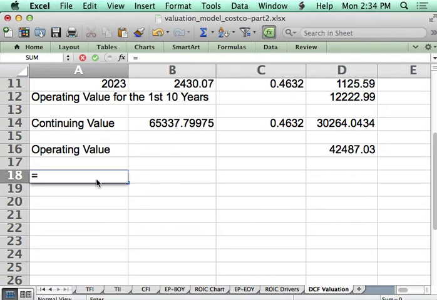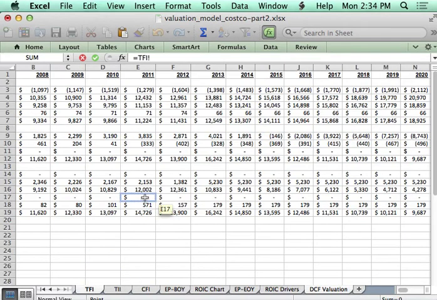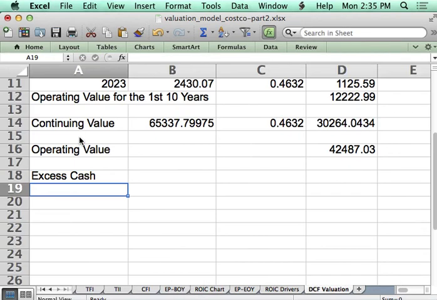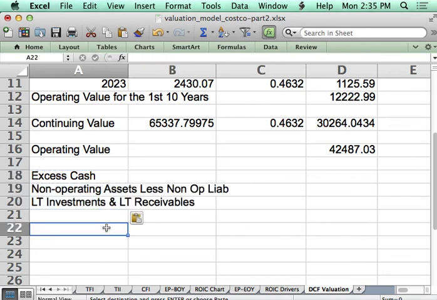So from the TFI, we have labeled 3 non-operating assets: excess cash, non-operating assets, long-term investments. So in this case, I'm going to highlight each one of those. So I have my excess cash, net non-operating assets minus the non-operating liabilities, and long-term investments and long-term receivables.